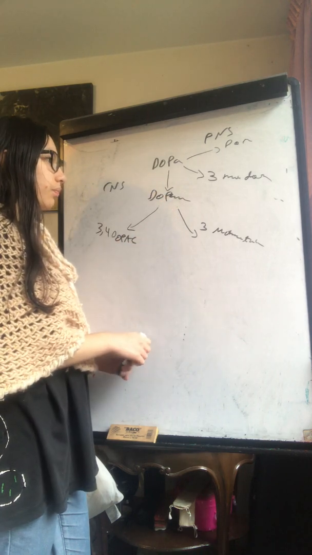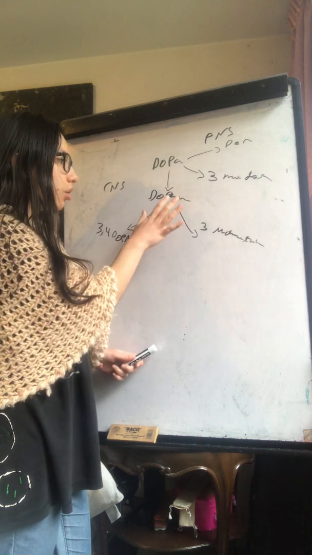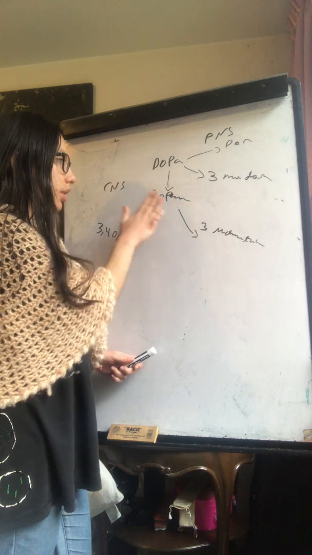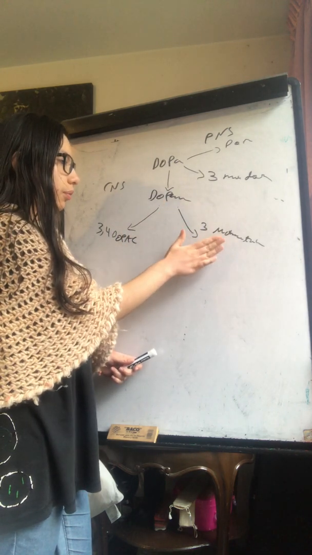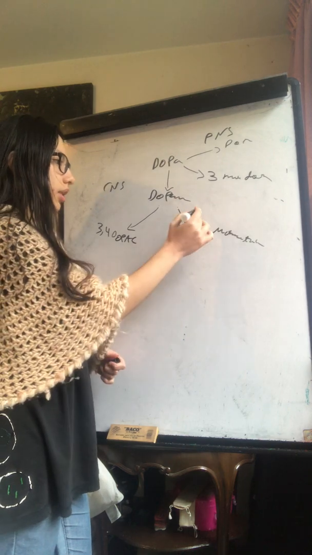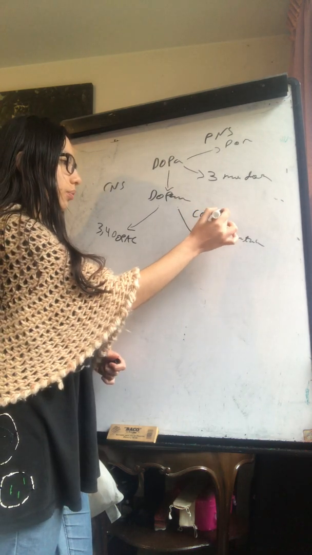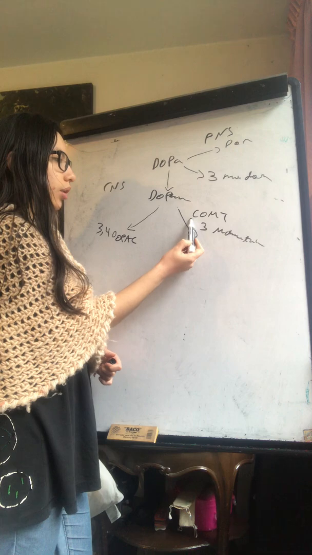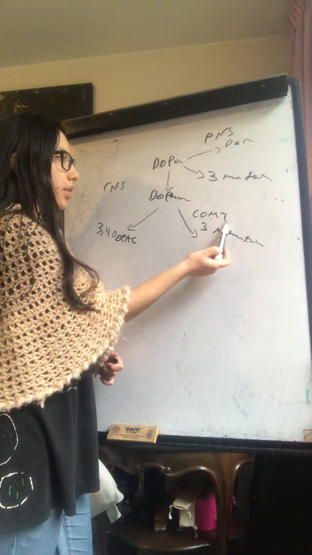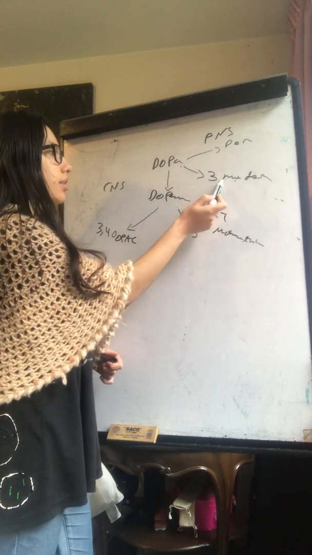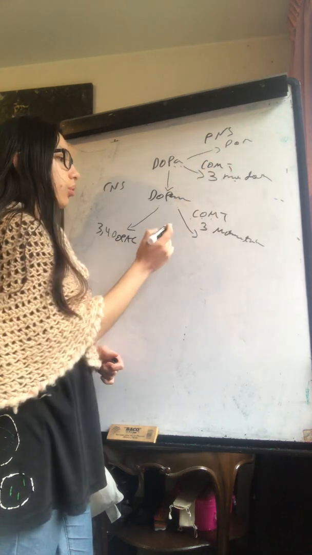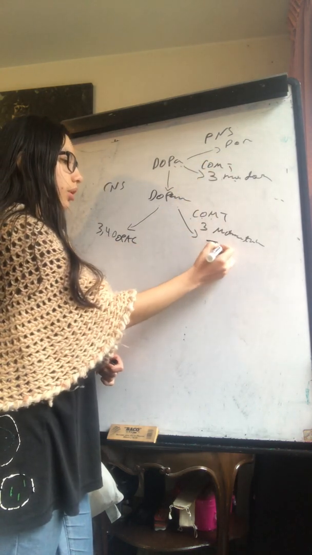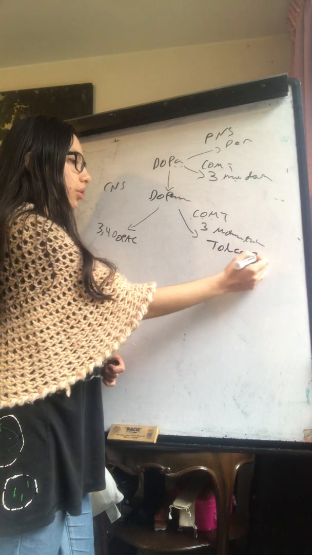We can block this conversion of dopamine to 3-methoxytyramine. This action is by the COMT enzyme, catechol-O-methyltransferase, the same enzyme that catalyzes DOPA to 3-methyl-DOPA. So we will block it with tolcapone.